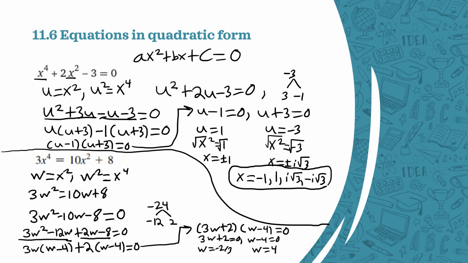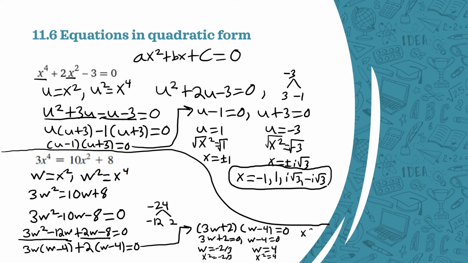So then that means, well, again, what is w? x squared. So x squared equals negative 2/3, and x squared equals 4. So therefore, I'm going to rewrite this over here, and I'm going to have space here. I apologize for that.